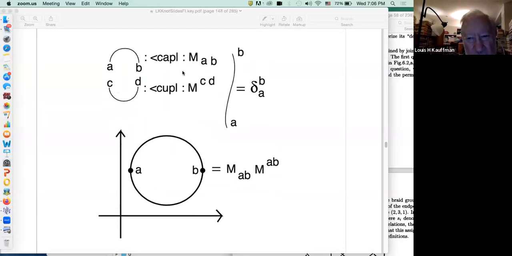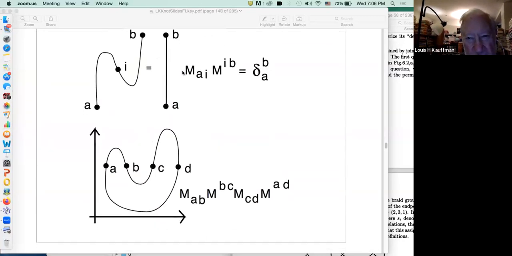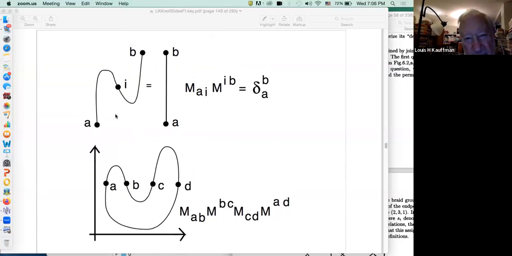And what equations do we need? I believe I've begun to write them. One equation that we certainly need is the cup cap cancellation, because we want all our loops to be the same. So if you had a funny loop like this, the cup cap cancellation would make the evaluation of this the same as a circular loop. So we need that. And that means that the M lower AI as a lower index form and the M upper IB as an upper index form cancel each other out.